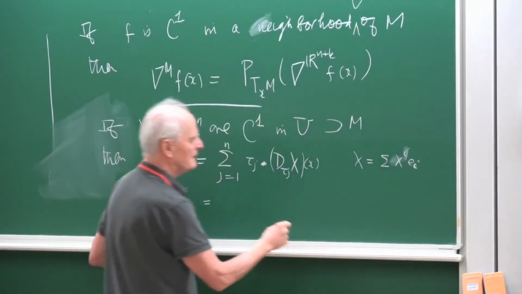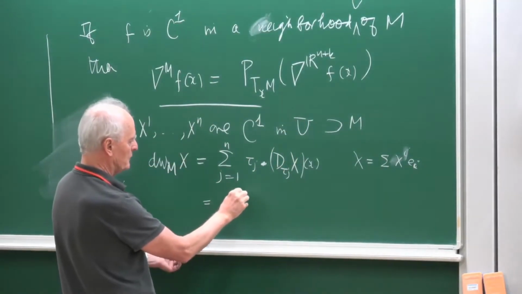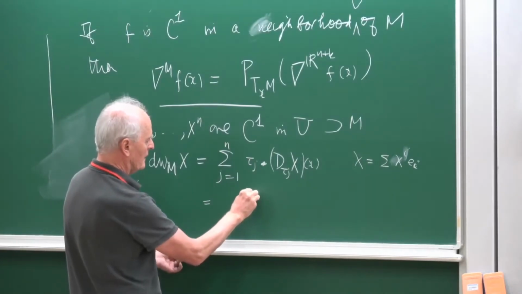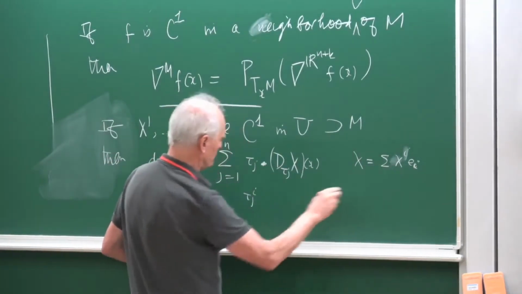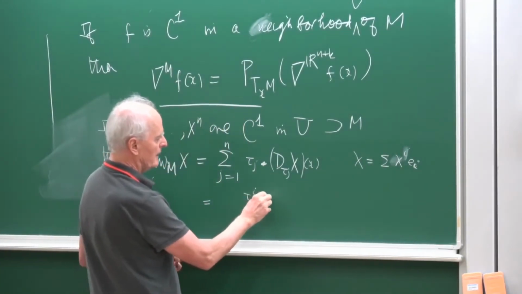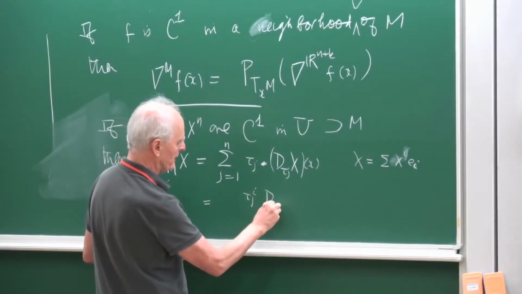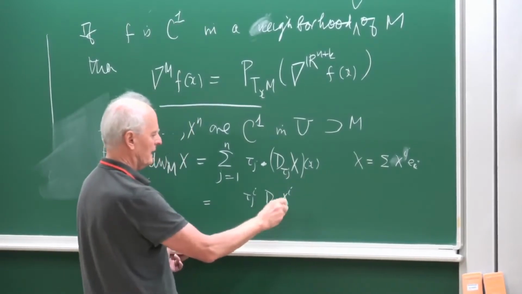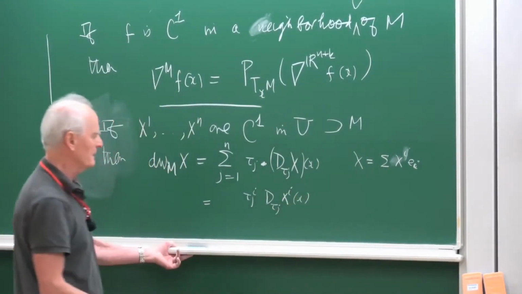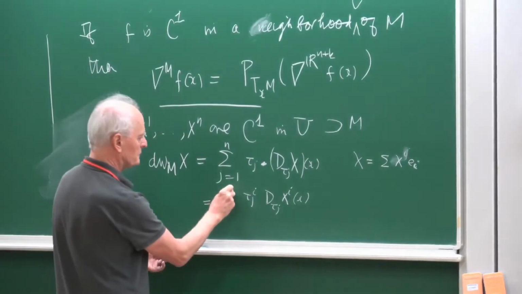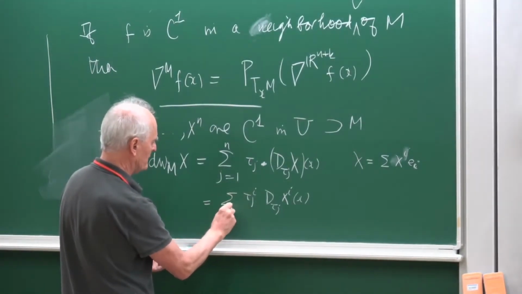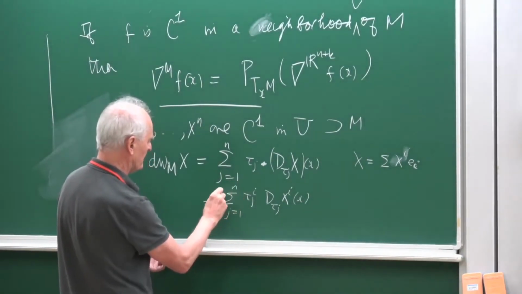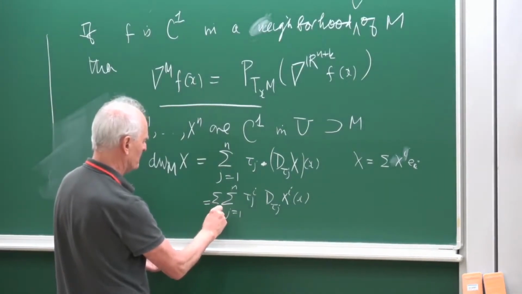It's better. Then this is tau_j^i. When you dot tau_j with e_i, you get tau_j^i. And then you get d_tau_j x_i at x. Yep. And that's still summing, so we're summing from j equals 1 up to n, and summing i equals 1 up to n+k.